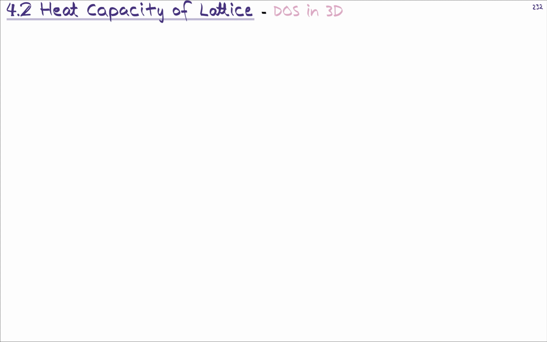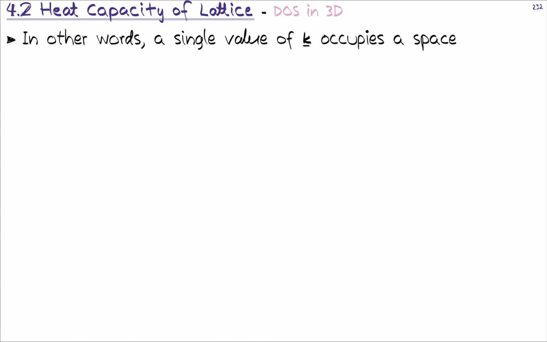In other words, a single value of the k vector really occupies a space that is 2 pi over L cubed. And the k points in the reciprocal space are equidistant from each other, and this is really the volume that is being occupied.